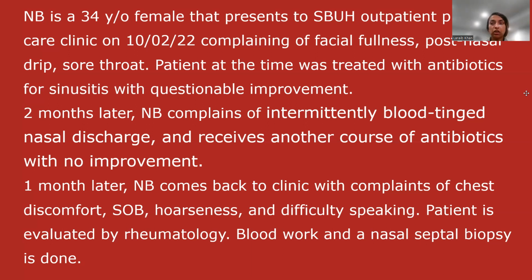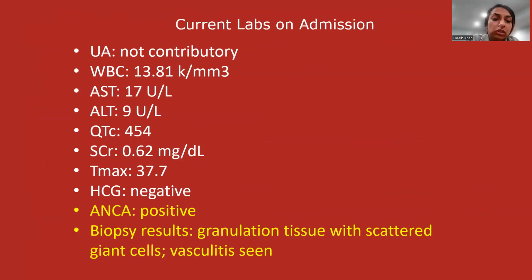Now she is evaluated by rheumatology, and blood work and a nasal septal biopsy are done. These are the labs that we have. Just to note, the patient isn't pregnant. She does have a positive ANCA blood test.